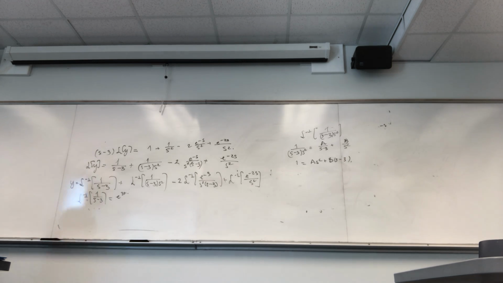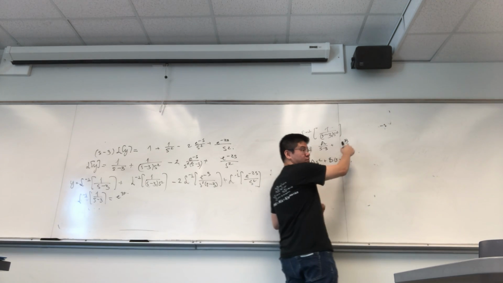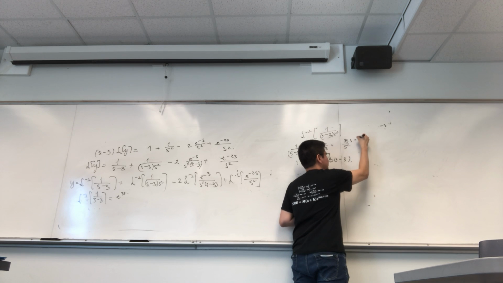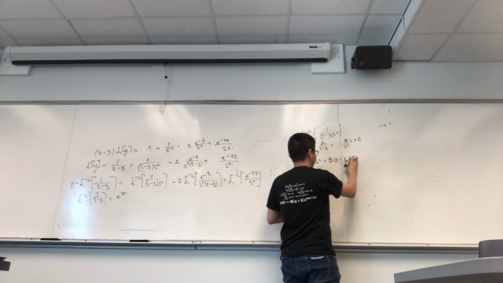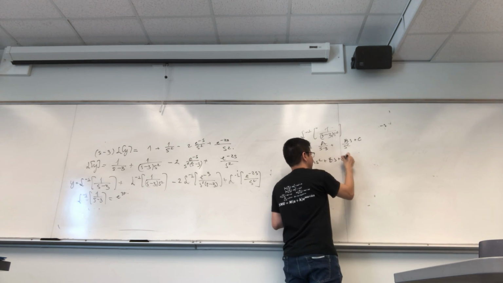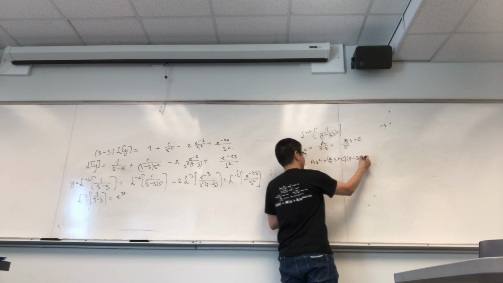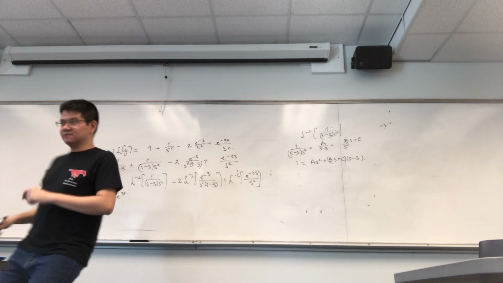No, I think I made a mistake. This is second order, right? So this is bs plus c. So here I have to have bs plus c over s squared, times s minus 3. Is it clear?